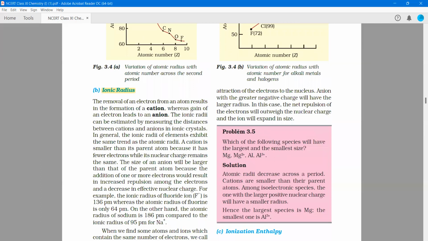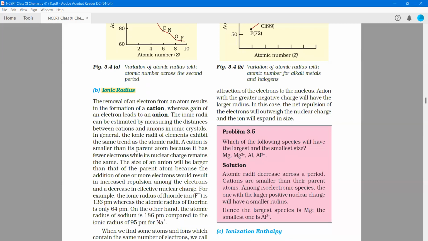So let us solve problem number 3.5. Which of the following species will have the largest and the smallest radius? Definitely, the largest size will be that of the parent atom, because all of the ions listed here are cations, and the parent atom already has a greater radius than its cation.